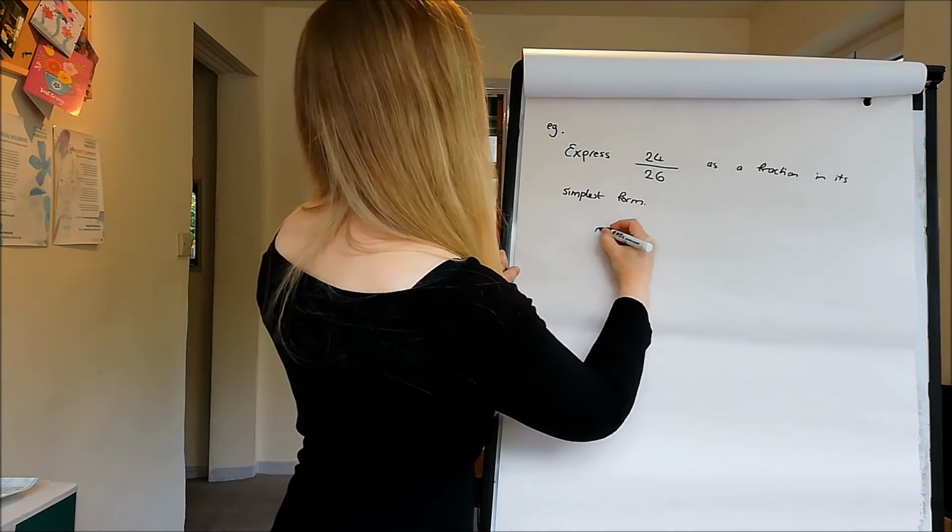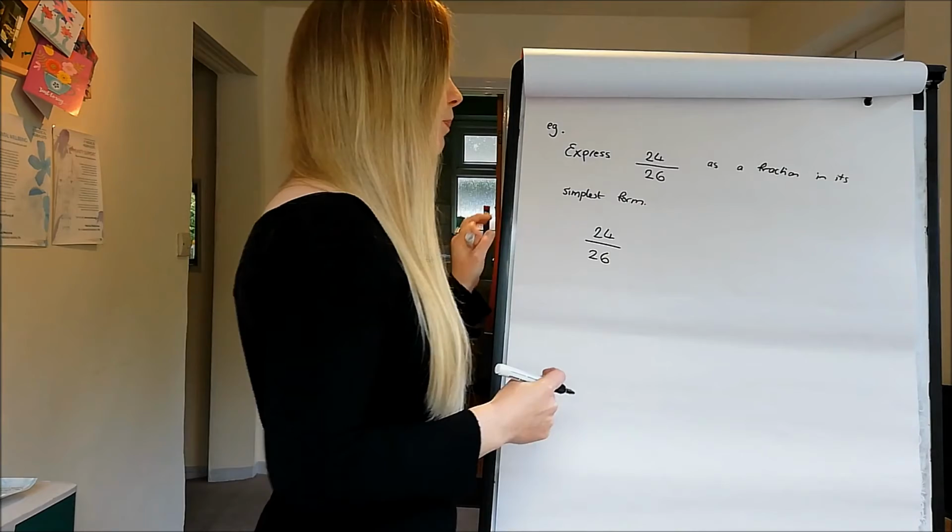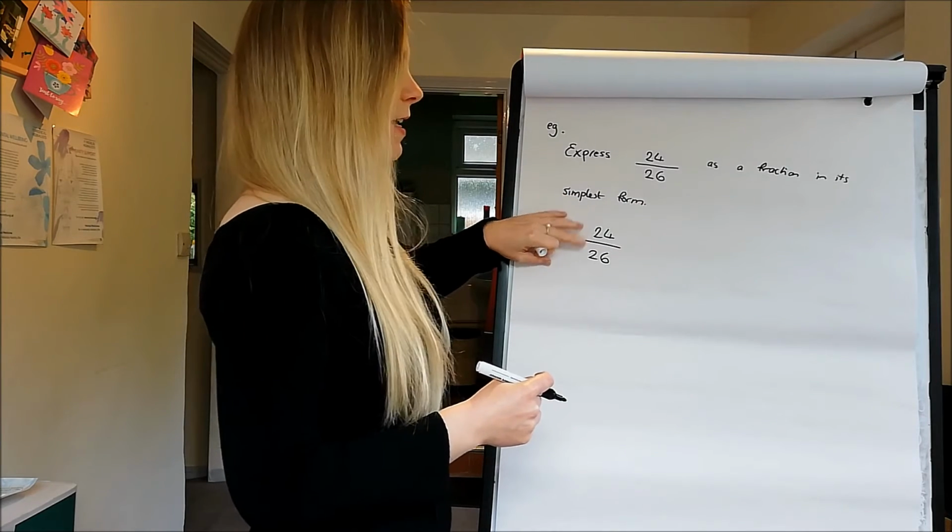And then what we do is if we have the fraction 24 over 26, each of those numbers is even.